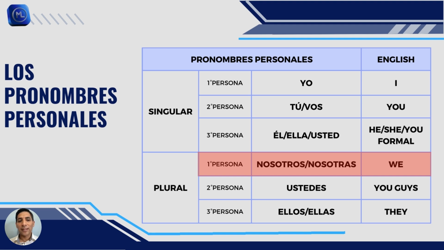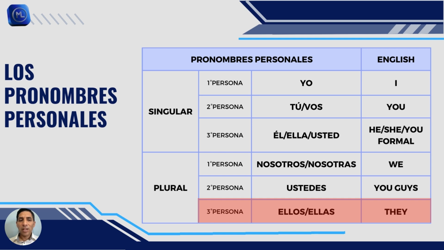Nosotros, nosotras. The second person would be ustedes, which means you guys. The third person would be ellos or ellas. So ellos is for males only or a group formed by males and females. And ellas is only for females.